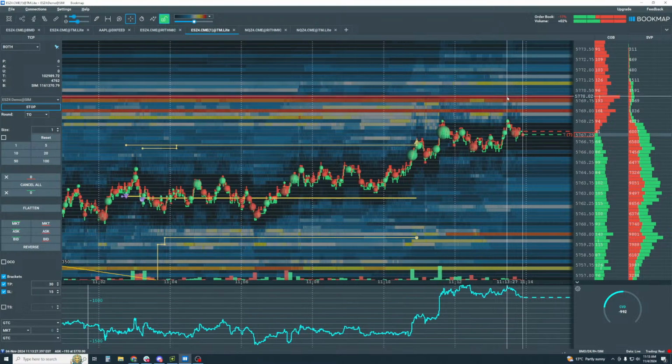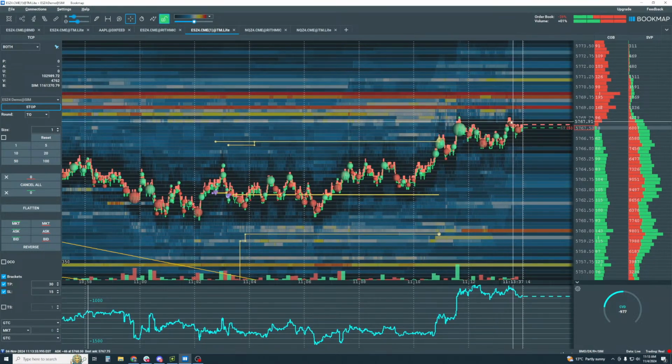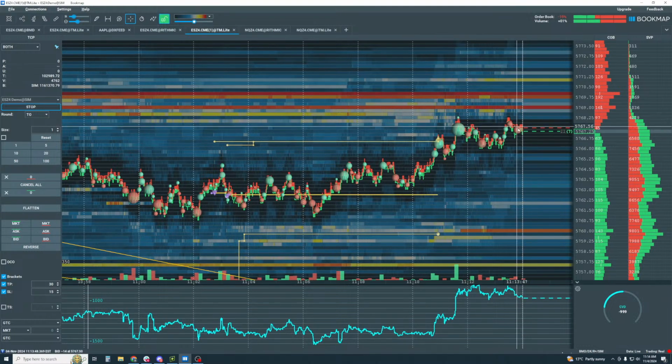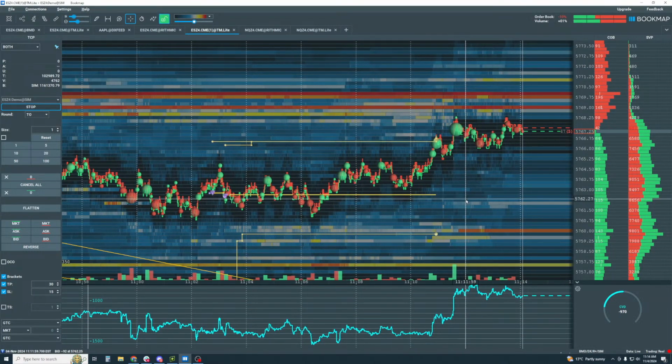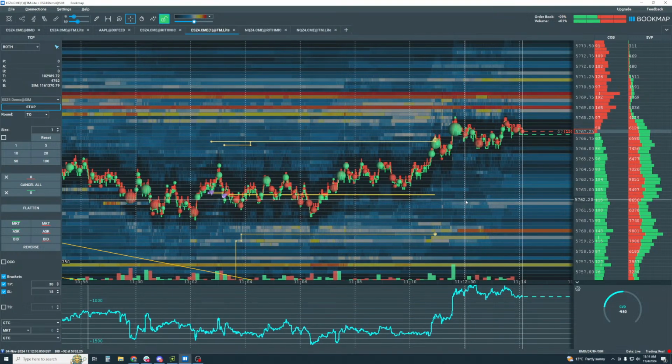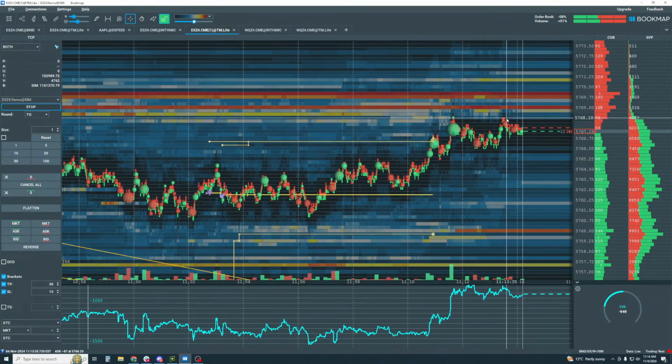Okay, so we got high liquidity in here, which is not moving. And I'm not seeing it on the retest back up in here. I'm seeing sellers right now. So I'm not going to be a buyer up here.